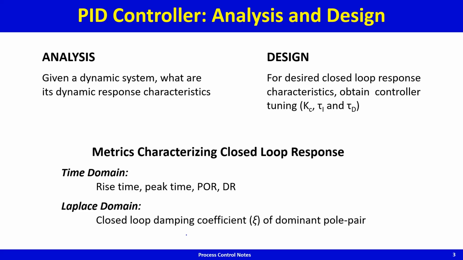Now metrics that characterize the closed loop response could be in the time domain, could be in the Laplace domain. In the time domain, you got things like rise time, peak overshoot ratio, damping ratio, and so forth.